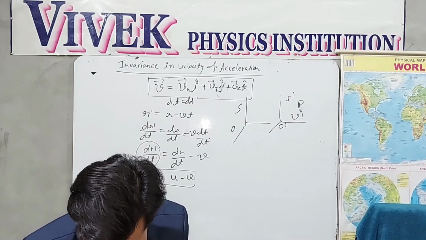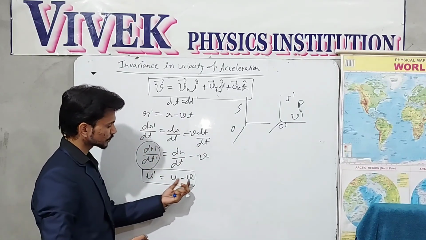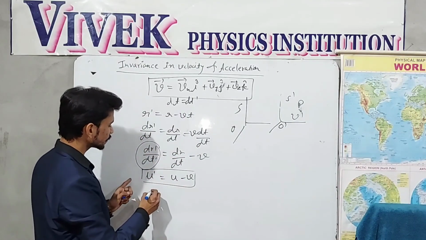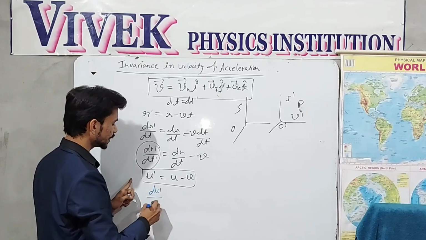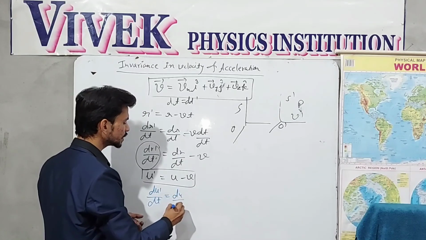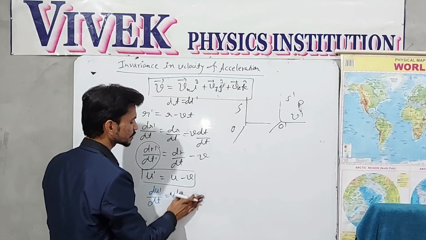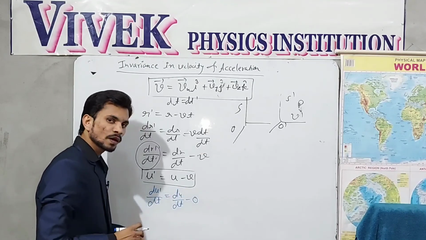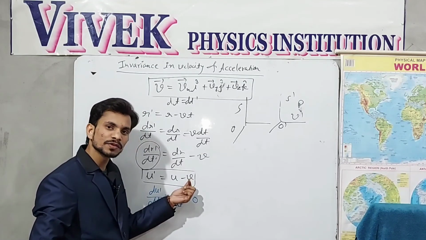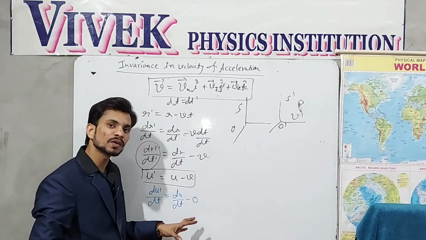let us differentiate this equation one more time. That will give me du dash over dt equals du over dt minus dv over dt. Sorry, this will be 0 because v is the constant velocity of the frame. The differentiation of a constant value is 0.